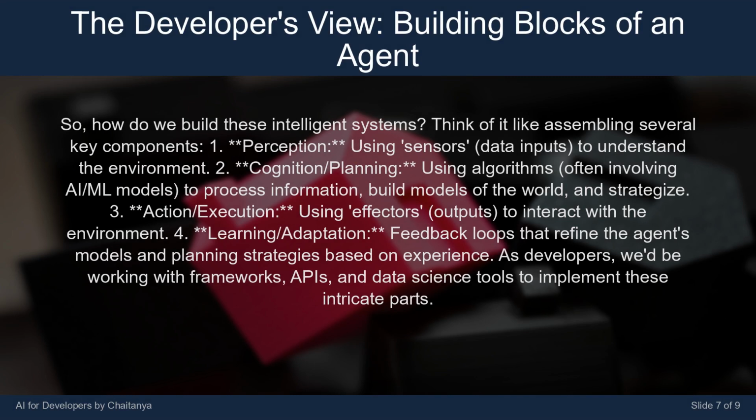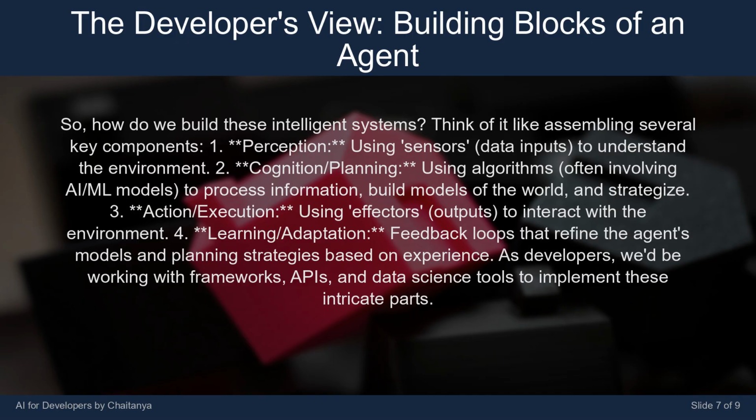So, how do we build these intelligent systems? Think of it like assembling several key components. 1. Perception: using sensors and data inputs to understand the environment. 2. Cognition, planning: using algorithms, often involving AI and ML models, to process information, build models of the world, and strategize. 3.